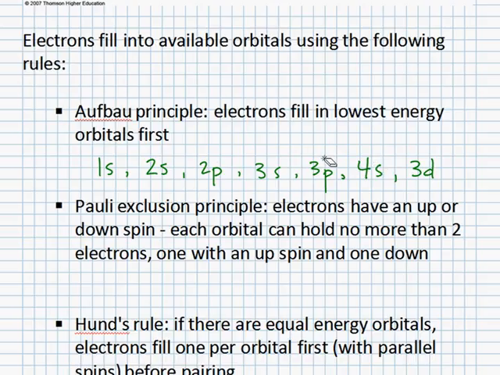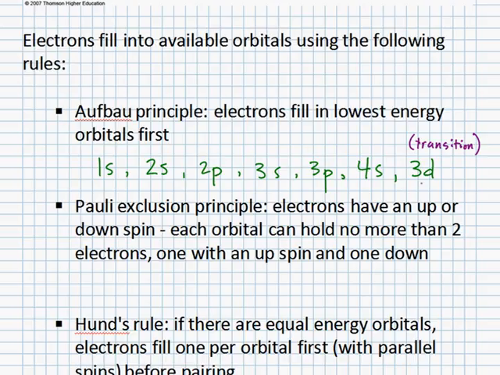The P sections correspond with the right-hand side of the main group. And then D only happens when we're filling in transition elements. So we can actually write that here, 3D. We're only when we get to transition elements do we start with 3Ds. So that's the Aufbau principle.